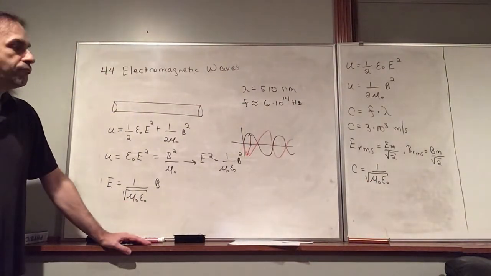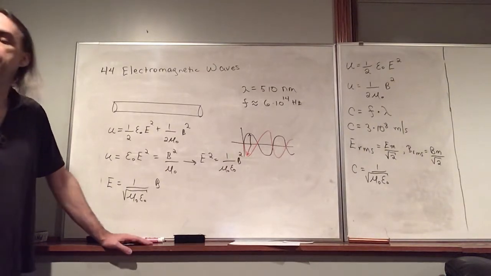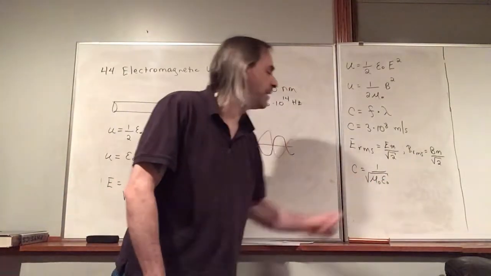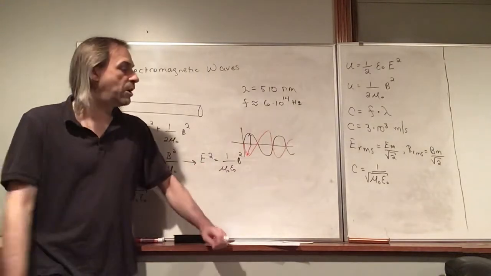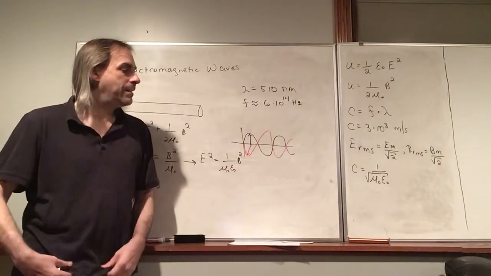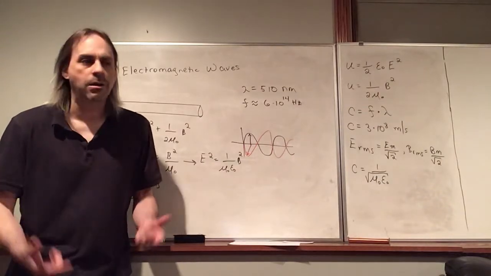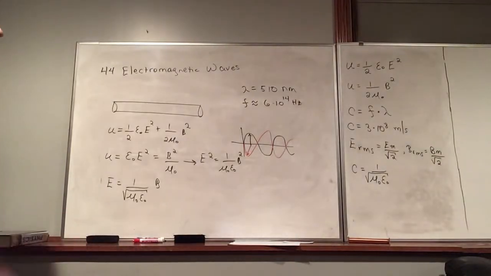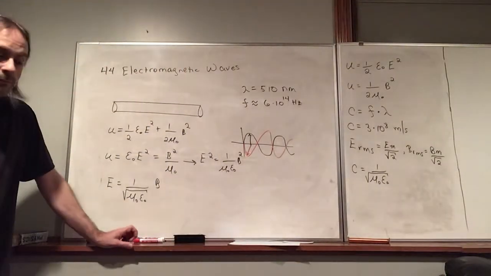So this was very shocking to Maxwell when he discovered it. Because epsilon naught came from Coulomb's law, just the attraction between charges, and mu naught came about by looking at how strong a magnetic field is next to a wire. You don't normally associate these things with light. But Maxwell discovered that connection. Okay.